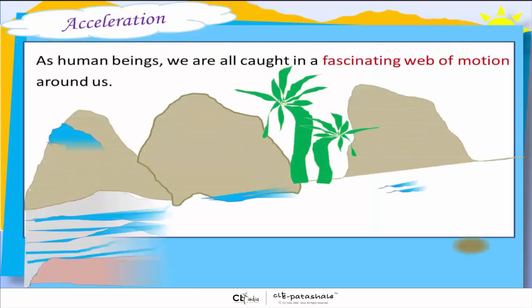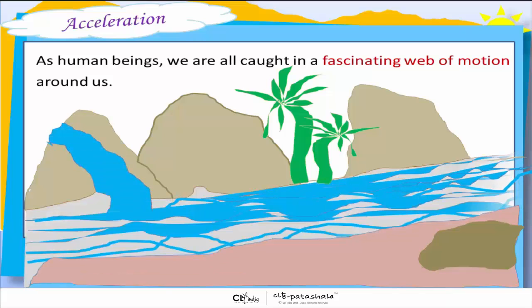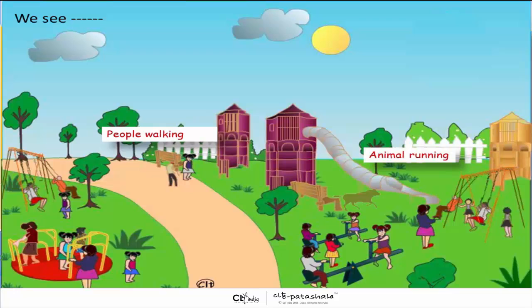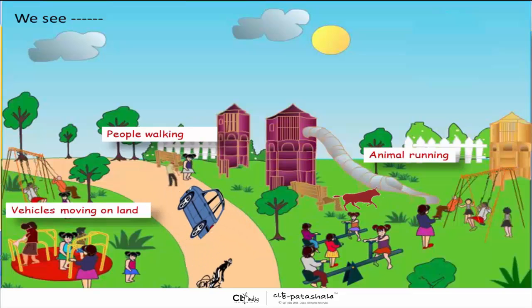As human beings, we are all caught up in a fascinating web of motion around us. We see people walking, animals running, vehicles moving on the land.